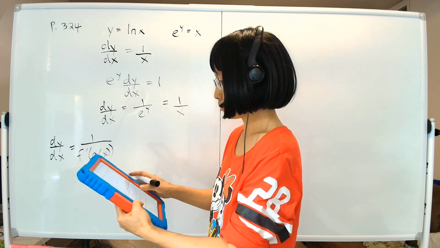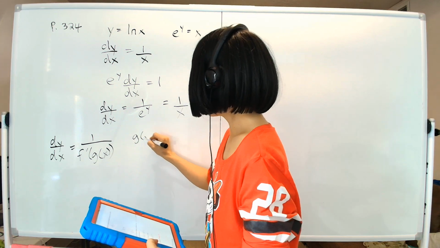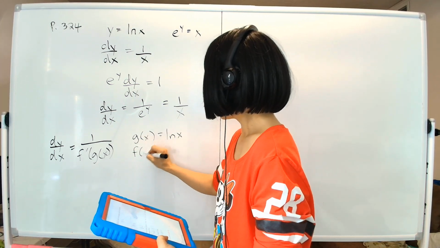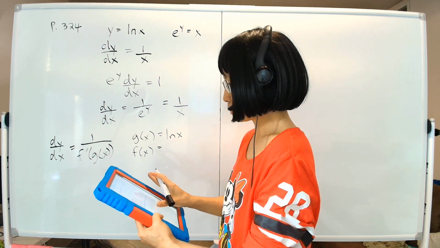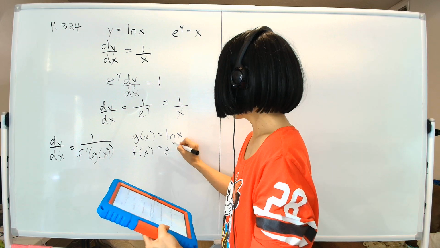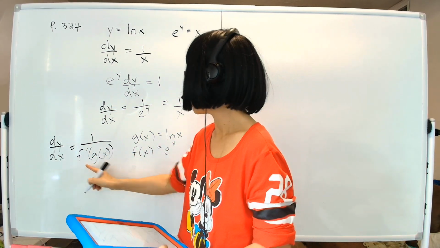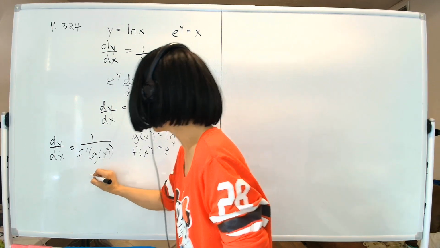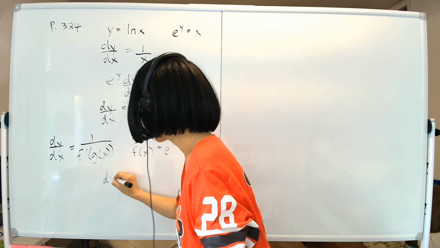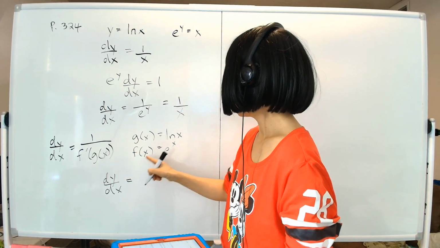So knowing this, in this formula, g of x equals ln of x, and f of x equals the inverse, which is e to the x. Okay, these two are inverses. So following the inverse function theorem, dy/dx equals 1 over f prime of g of x.